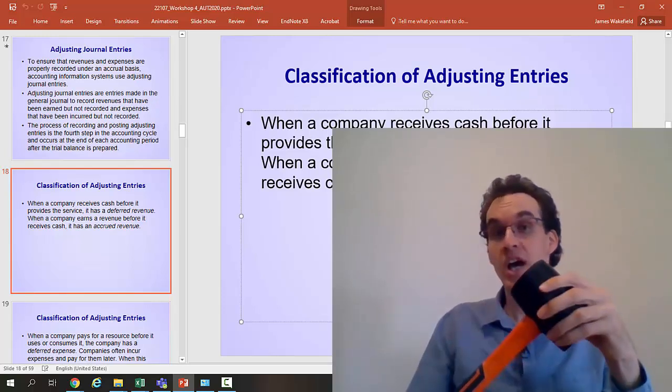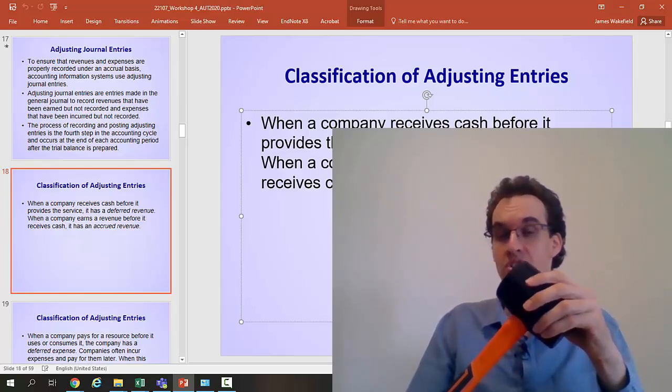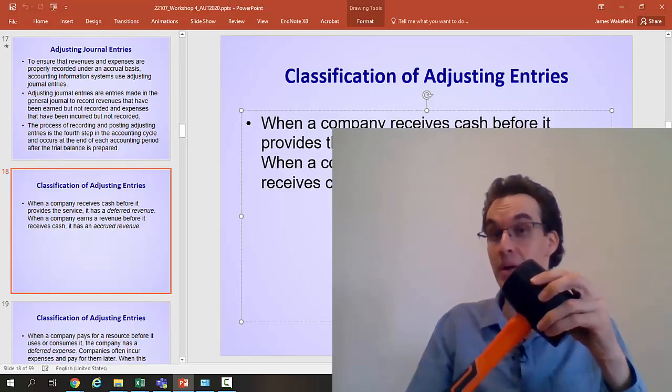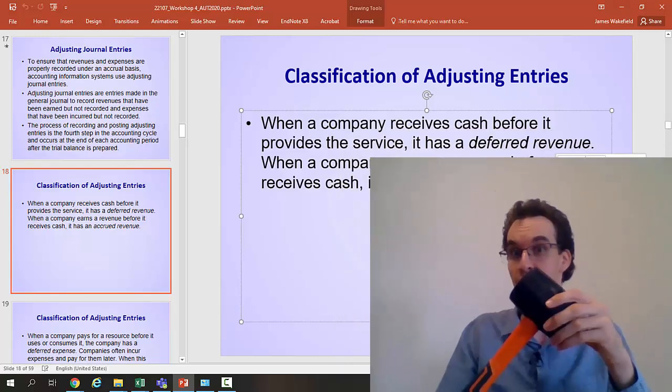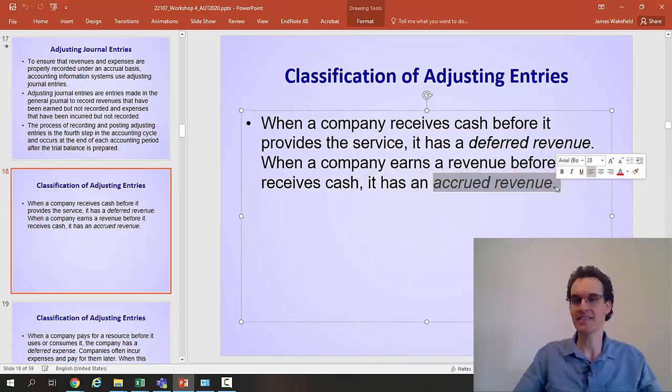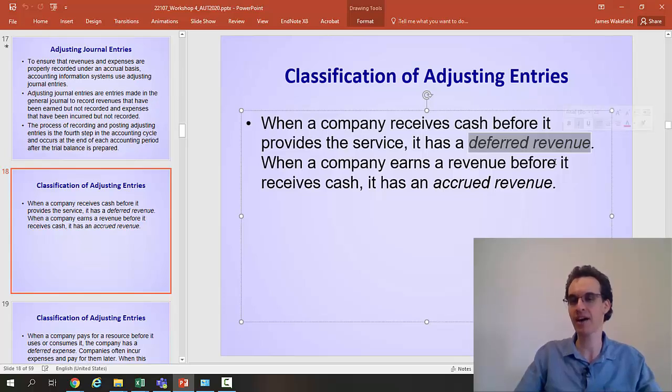Well, I suppose they charge you later depending on the degree to which they trust you. So if they don't trust that you're going to pay up when they send the invoice, then they may ask for cash up front. And in that case, this reverts to a deferred revenue where they've received cash up front and then they deliver the service afterwards and earn the revenue afterwards. So they defer the revenue to that point.